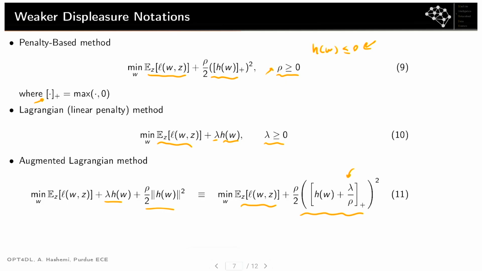That depends on the parameter lambda, which is referred to as the Lagrange multiplier, or the dual variable. Again, it matters what rho is and what lambda is. We're going to talk about the calculation of lambda, but one nice benefit of the augmented Lagrangian method compared to the penalty-based method is that for certain classes of problems, rho does not need to increase to infinity. So in some sense, this method is much more numerically stable than the penalty-based approach.